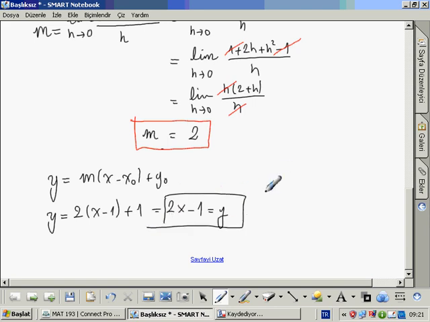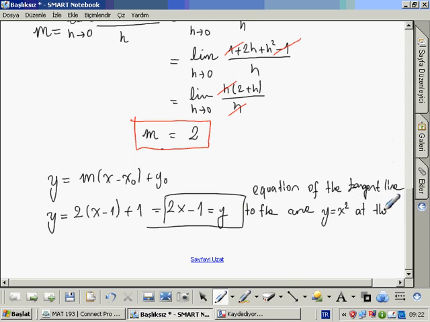You can write this as the equation of the tangent line to the curve y equals x squared at the point one comma one.